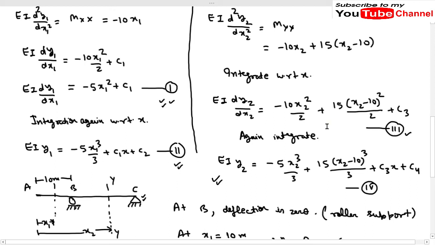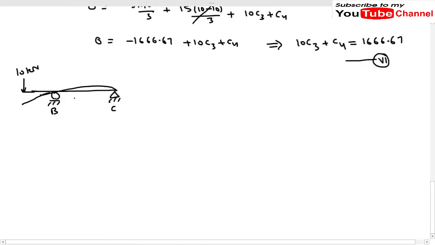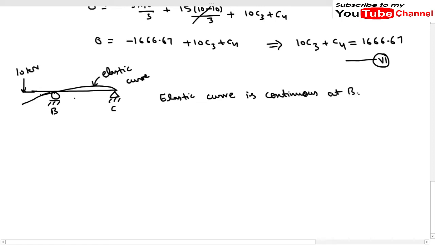Okay, because why should these slopes be equal? Because this deflected shape, this curve, is called the elastic curve. Okay, so this elastic curve is continuous at B, which means that dy1 divided by dx1 should be equal to dy2 by dx2.